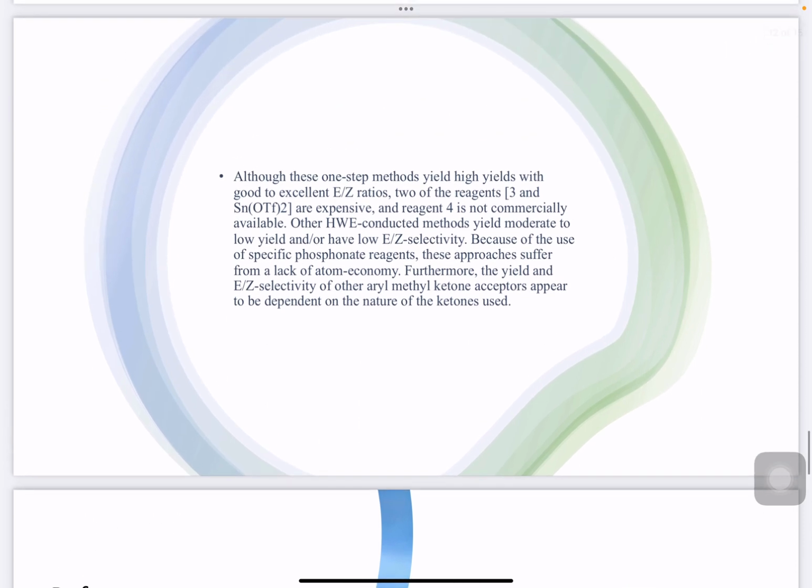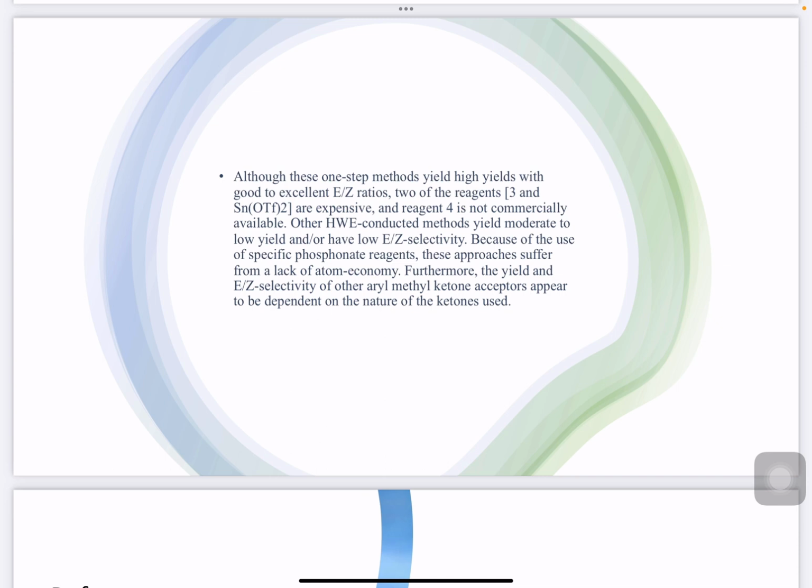And here, although these one-step methods give high yields with good to excellent E/Z ratios, two of the reagents, 3 and SnOTf2, are expensive and reagent 4 is not commercially available.